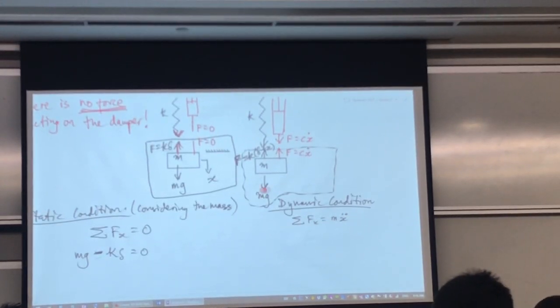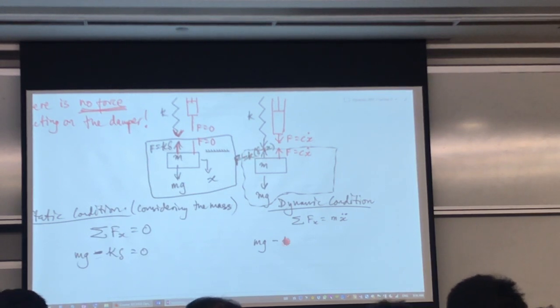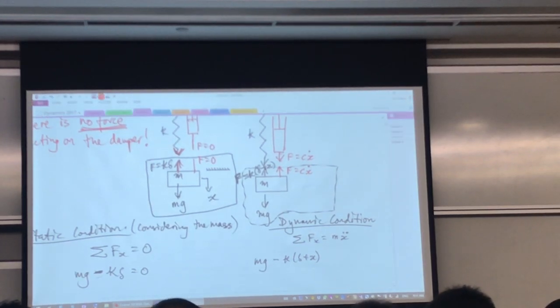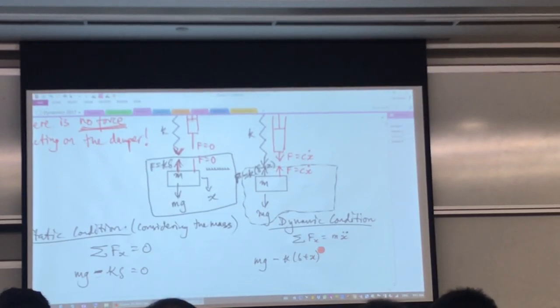So mg is in the direction of our convention, it's positive value, minus force that's due to the spring in the opposite direction, so minus K delta plus X. And there's another force, there's a spring force, so I'll use the red color. And that damping force is in the opposite direction, so minus C x dot.